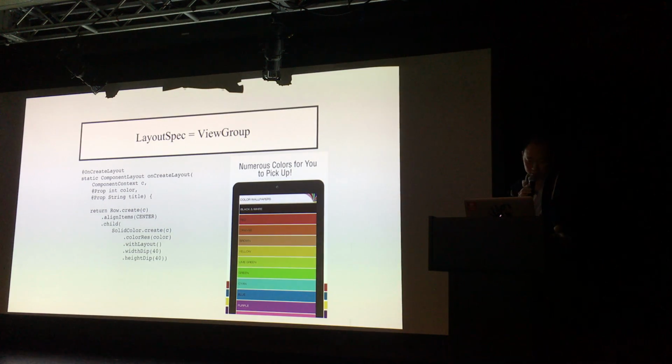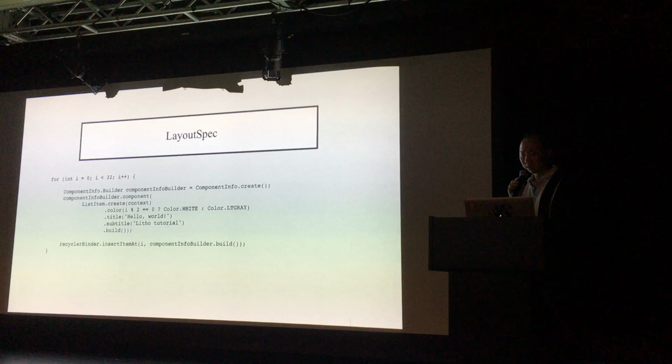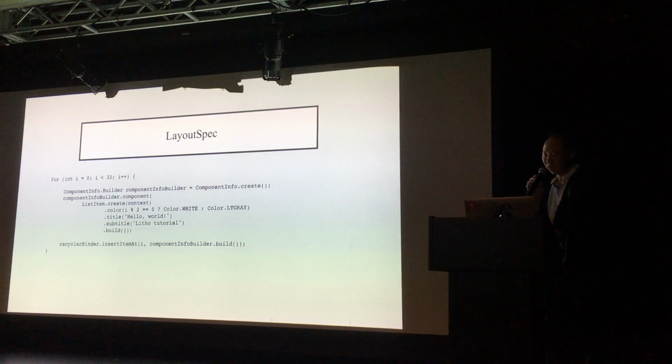Currently, I'm passing color and title, and you start returning using the common builder pattern. We start with a row containing a child, which is your solid color block, and you can set the color that you're passing in, and you can also specify the text value you want to pass. And this is an example of the layout spec usage.